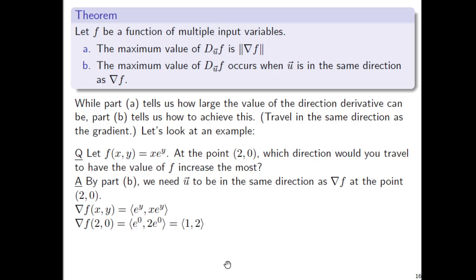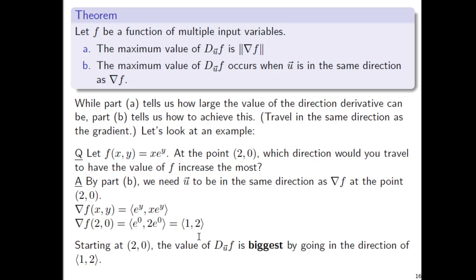For every 1 unit traveled east, travel 2 units north. From the point 2 comma 0, there is a line of slope 2, because the change in y is 2 and the change in x is 1. That's steeper than a line of slope 1, and we should travel in that direction, towards the northeast.